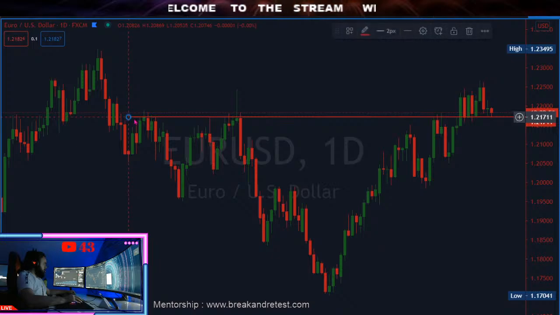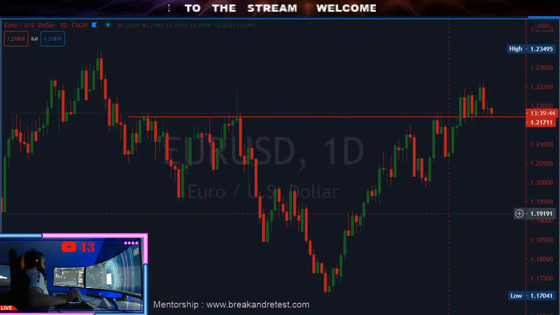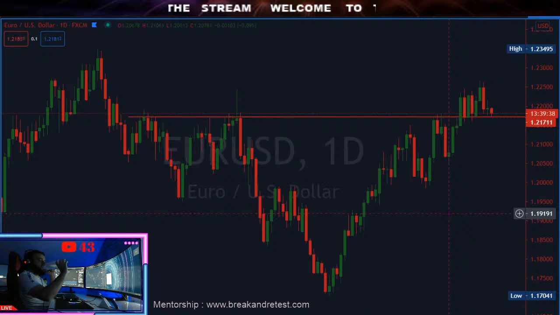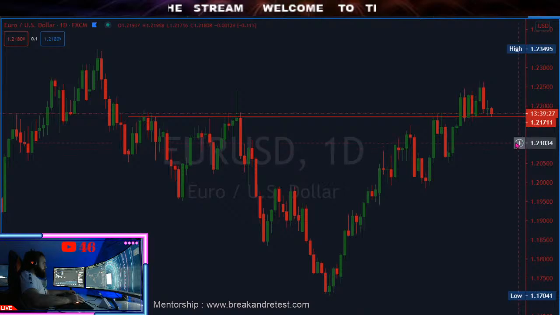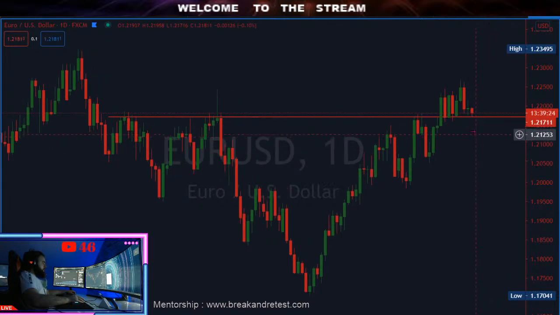If the daily closes below this and lower time frames give us a good setup, 4-hour and 1-hour, we're gonna see. Yeah, the best would be here if today it breaks below. Monday we can get the retest, would be perfection.